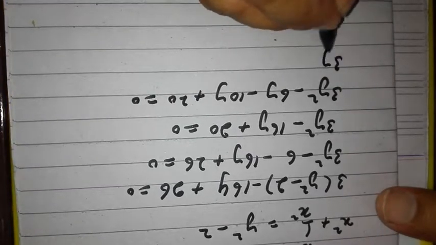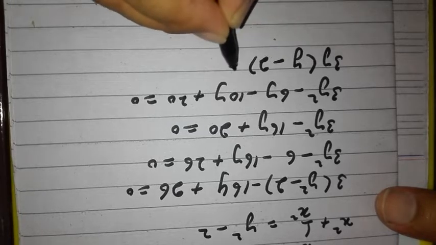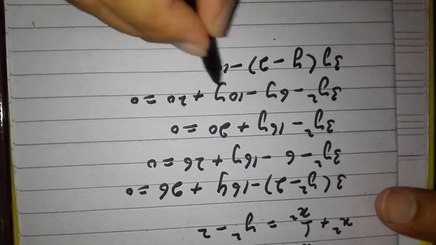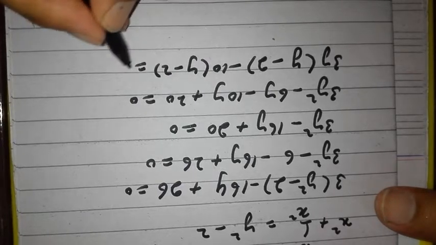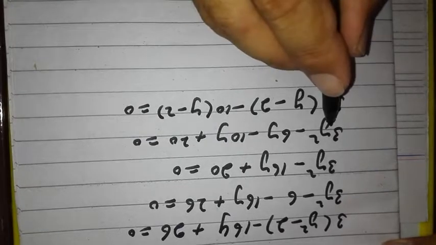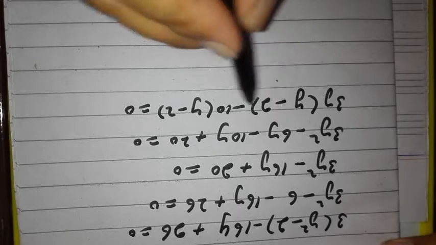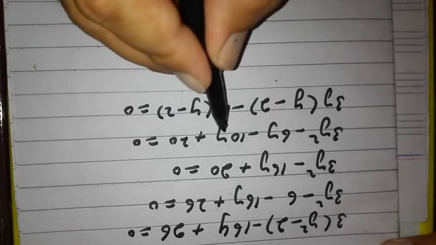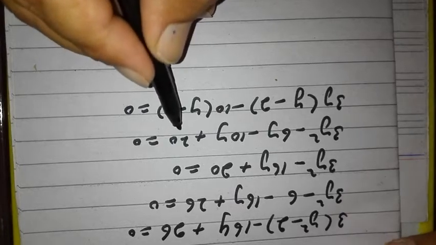Take 3y common, here we get y minus 2, and take minus 10 common from these two terms, we get y minus 2 equals 0. Check this: 3y into y we get 3y square, and 3y into minus 2 we get minus 6y, minus 10 into y we get minus 10y, and minus 10 into minus 2 we get plus 20.